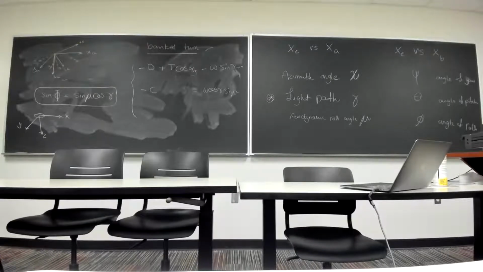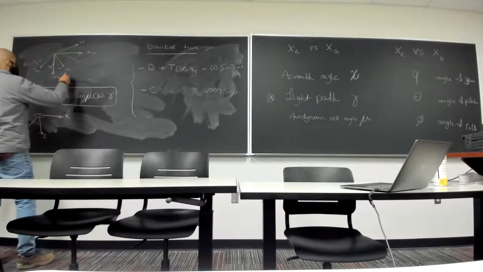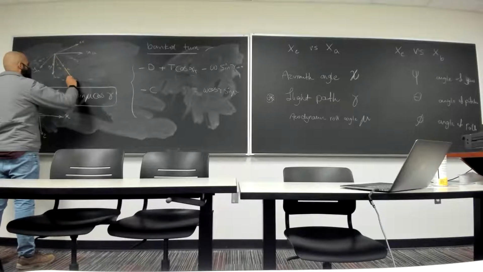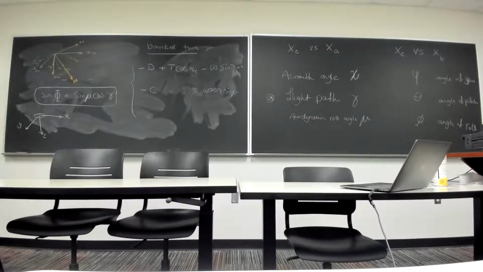What is the direction of weight? ZE, right? So this is where you have the weight direction. Okay, so what are the angles we're going to get?